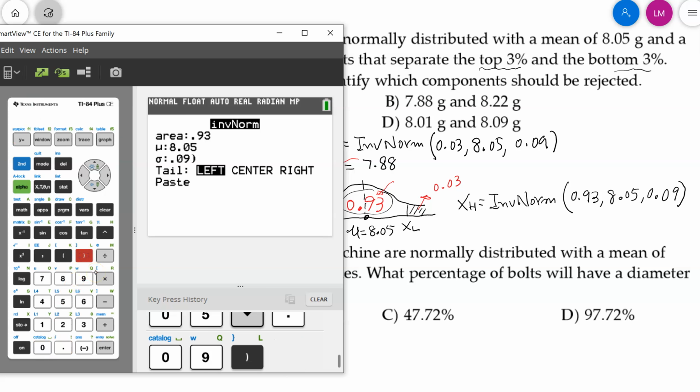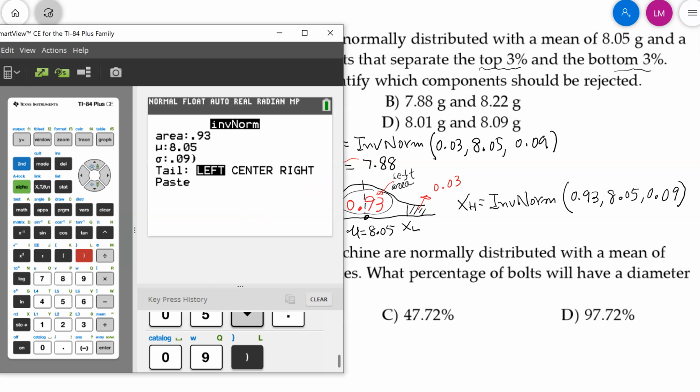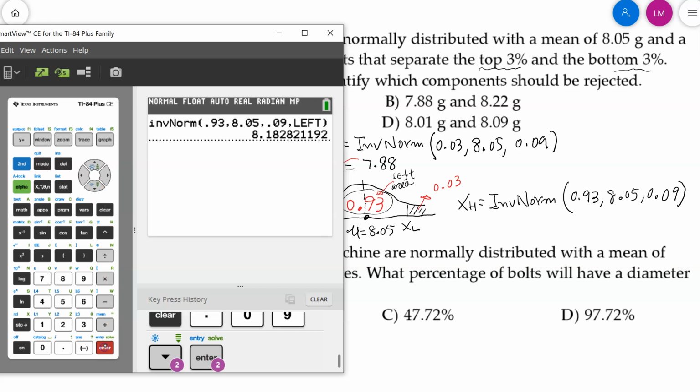Remember, we always enter left area. Now wait a minute, I'm not supposed to put the parentheses. I'm just confused with the two calculators. Clear that one. 0.09. Now you go to left, paste, and hit.